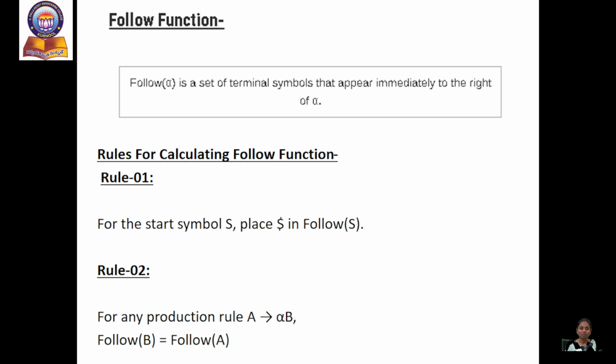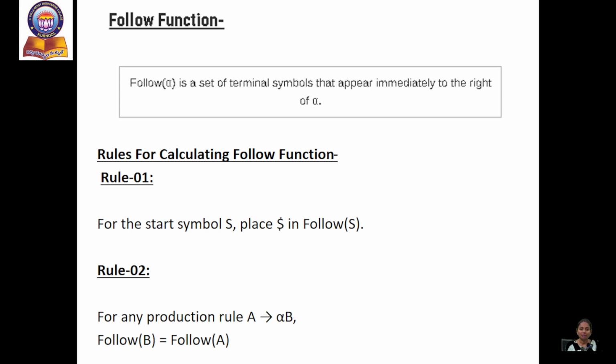Whereas a first function will be calculated for the non-terminals which appear at the left hand side of a given grammar, and the follow function is also calculated for the non-terminals only, but which appear at the RHS side, right hand side of a given grammar. This is a very important difference you have to note down.